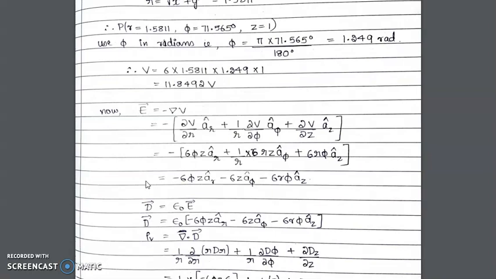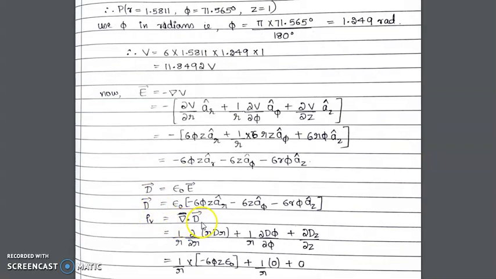Then use Maxwell's first equation, that is rho V is equal to del dot D, and you know that del dot D can be written in cylindrical coordinate system as 1 by rho into dou by dou rho into rho D rho plus 1 by rho into dou by dou phi into D phi plus dou by dou Z into DZ.